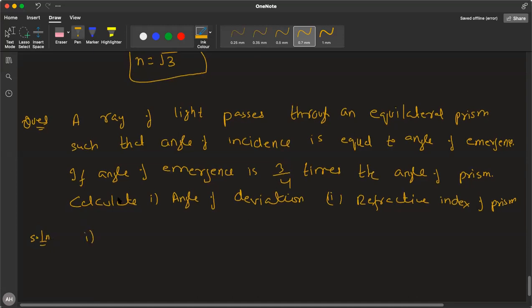Do it and write your answer in chat. Equilateral prism means A is 60 degrees. Mariam and Nazira, I have to see your answers in the chat room. This is an easy problem.